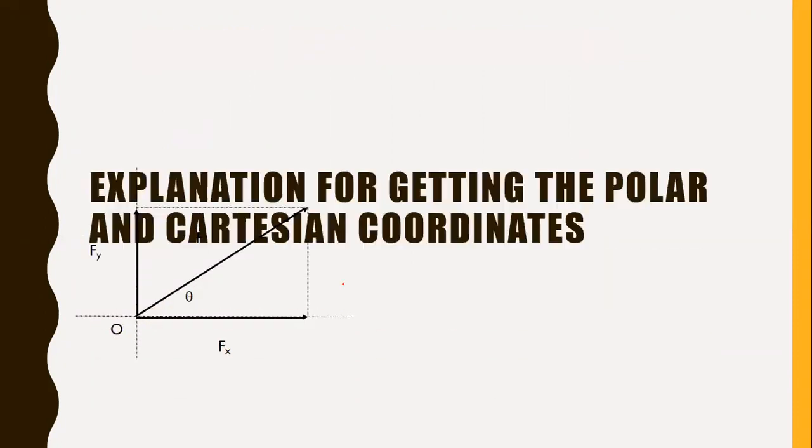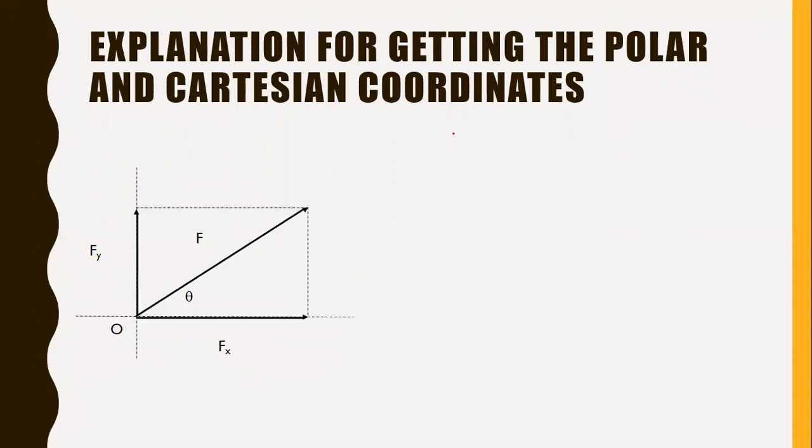Now, example number 1, explanation for getting the polar and Cartesian coordinates. When you say polar coordinate, that is your F and theta.